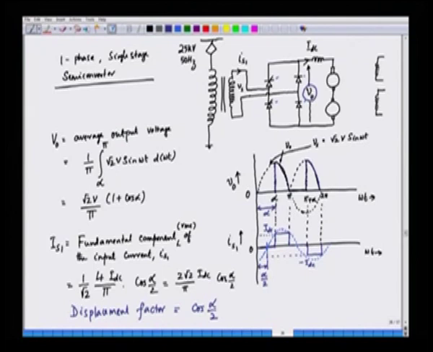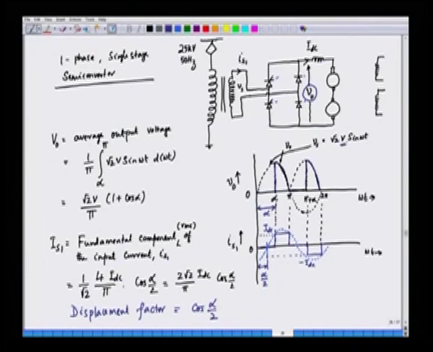From pi to pi plus alpha we have the freewheeling region. So, this is the output of the semi-controlled converter, and if we find the average value of this voltage, we obtain root 2 V by pi into (1 plus cos alpha), where V is the RMS value of the input voltage.